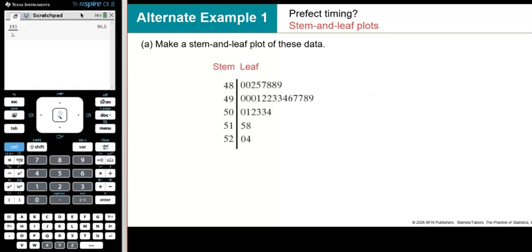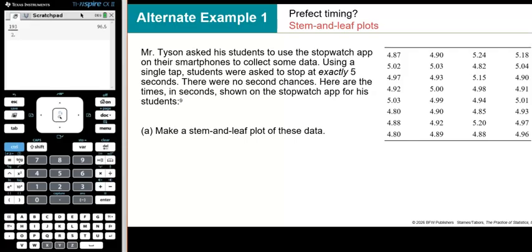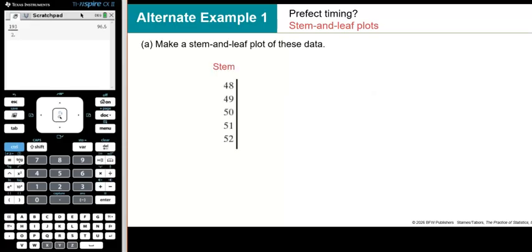On the right are the leaves, and each one of those numbers on the right is part of the decimal. So the very first number there is 4.87. I'm pointing to it, and I don't know if you see my pointer there, but the 48 is on the left on the stem. And you see that 7 on the right? That number means 4.87.